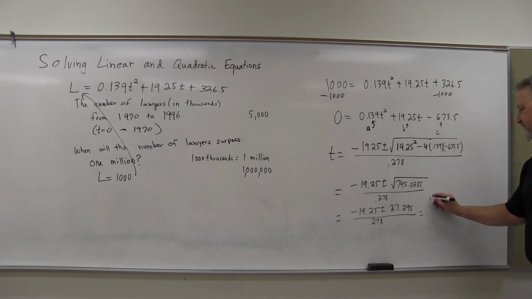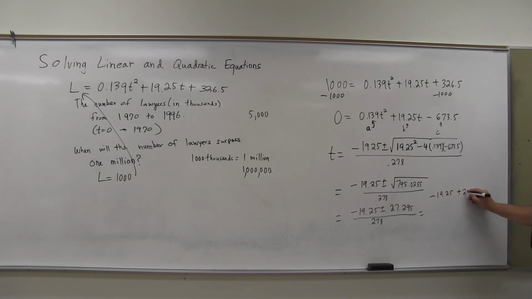All right, and then we've got the two answers: negative 19.25 plus 27.295 divided by 0.278, and negative 19.25 minus 27.295 divided by 0.278.